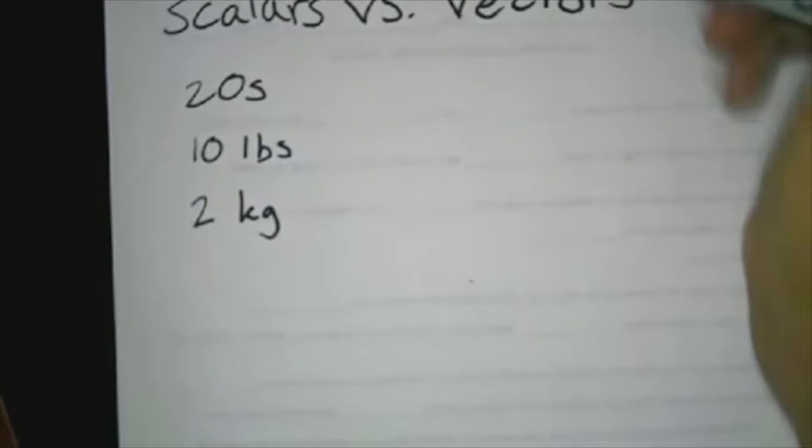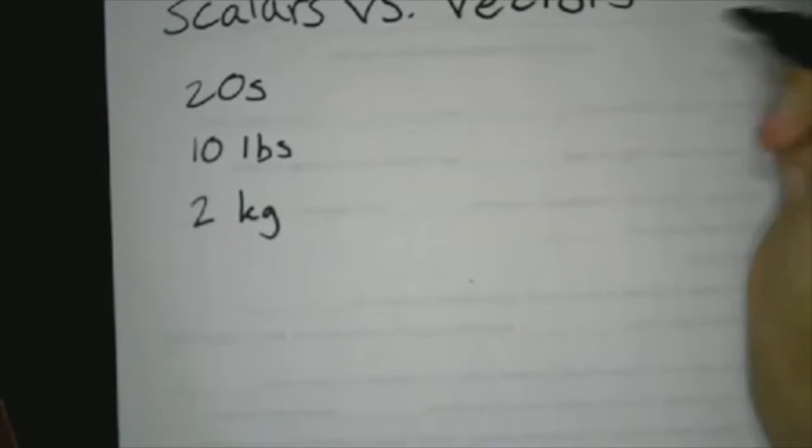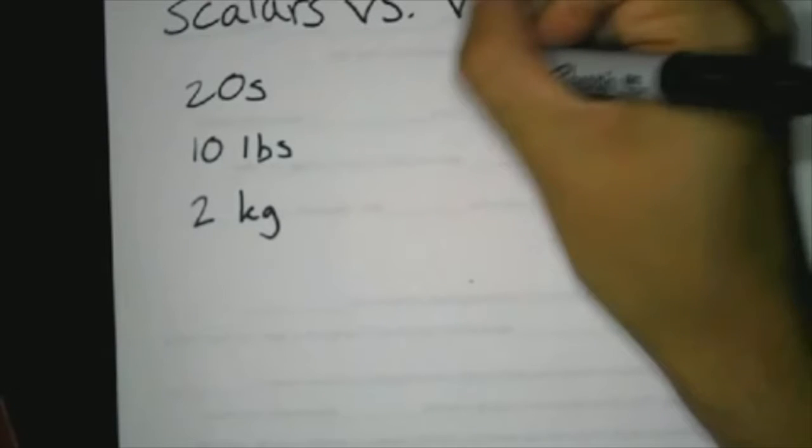A vector is something similar in that it also has a number and a unit, like, let's say, 2 feet. But it also has a direction.